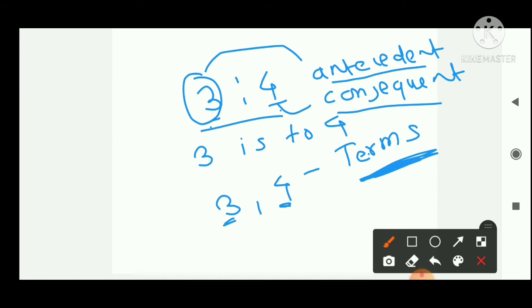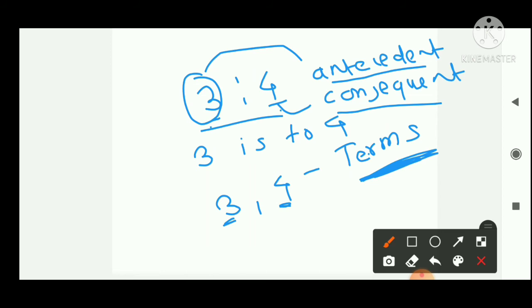So here are some facts about ratio that you have to remember. We can find the ratio of two quantities only if they are in the same unit.